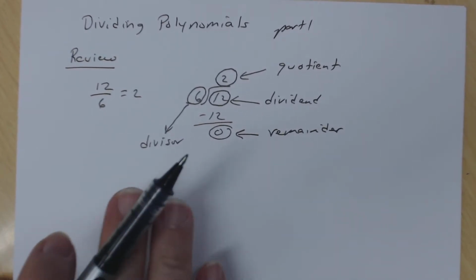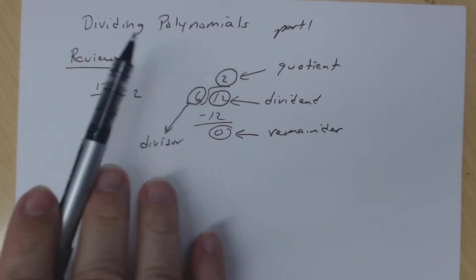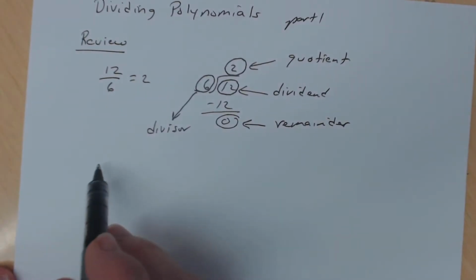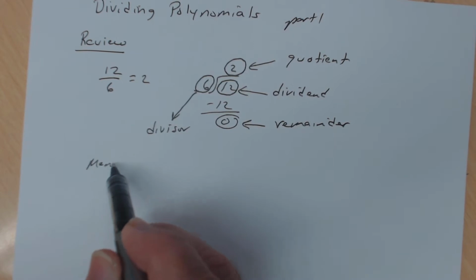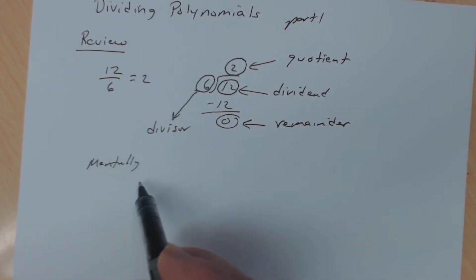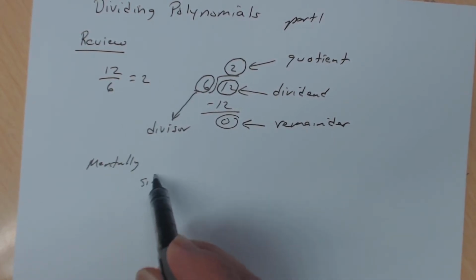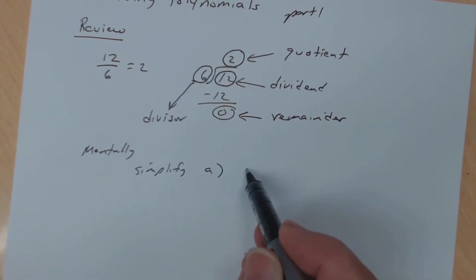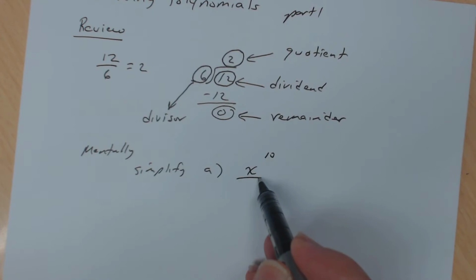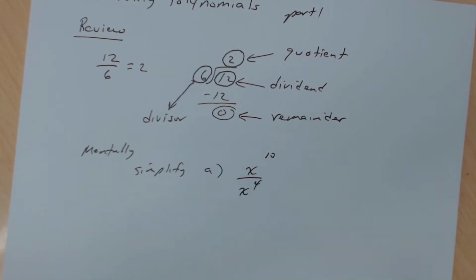Okay, so another thing you're going to need in terms of review when we start dividing these polynomials is that you have to do some things mentally. So mentally, if you want to simplify, let's say x to the 10th power divided by x to the 4th power.